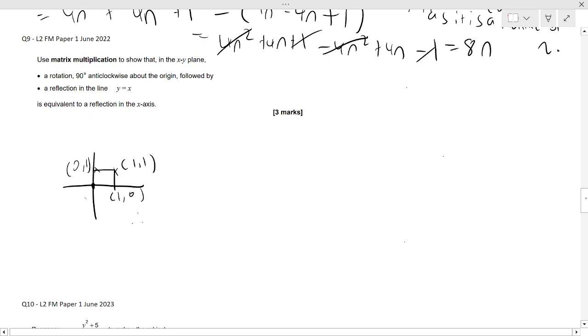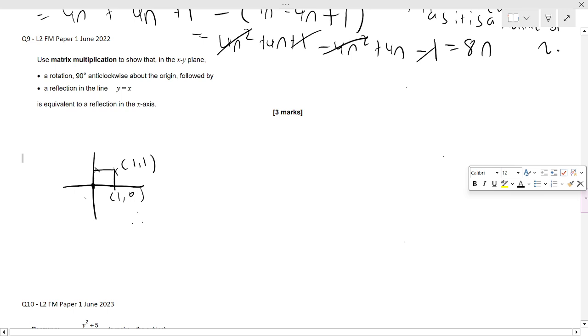So this unit square then. Rotation 90 degrees anti-clockwise. With this sort of question, if they give you the transformation, it's probably best to see how the unit square would look.